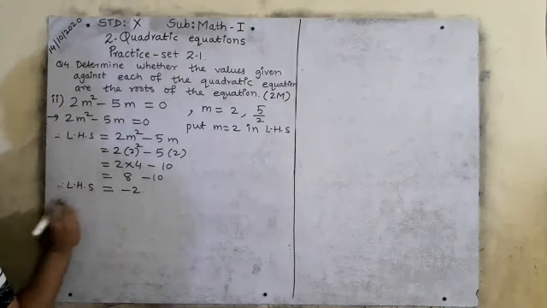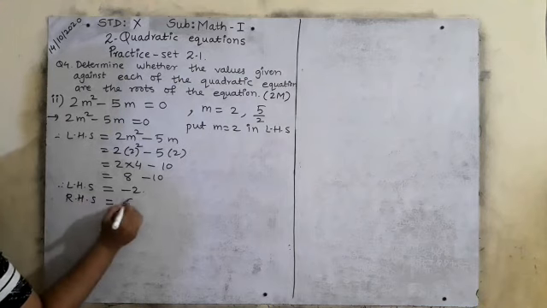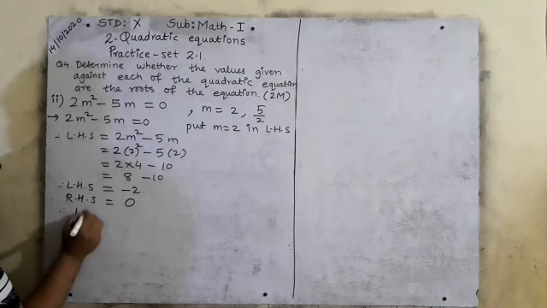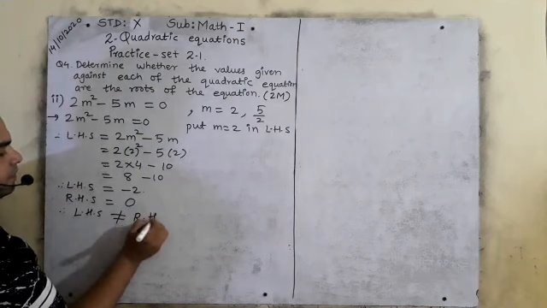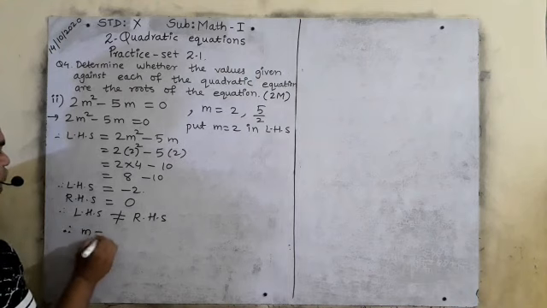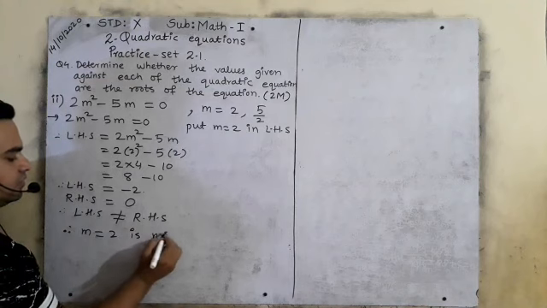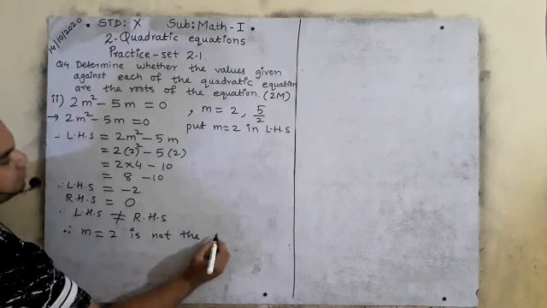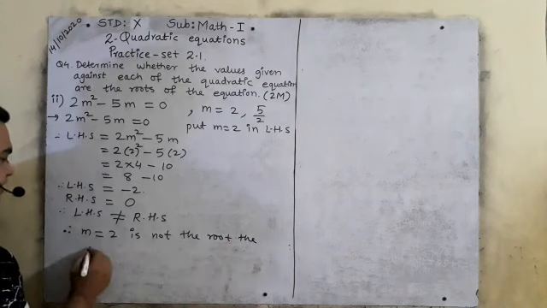So what is your answer? LHS is equal to minus 2 and RHS is how much? The right hand side is 0. So you will write, therefore, LHS does not equal RHS. Therefore, m is equal to 2 is not the root of the given equation, the quadratic equation.